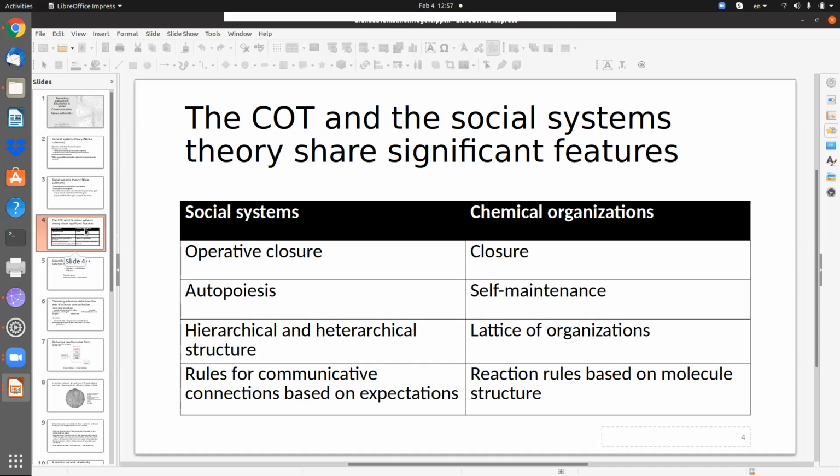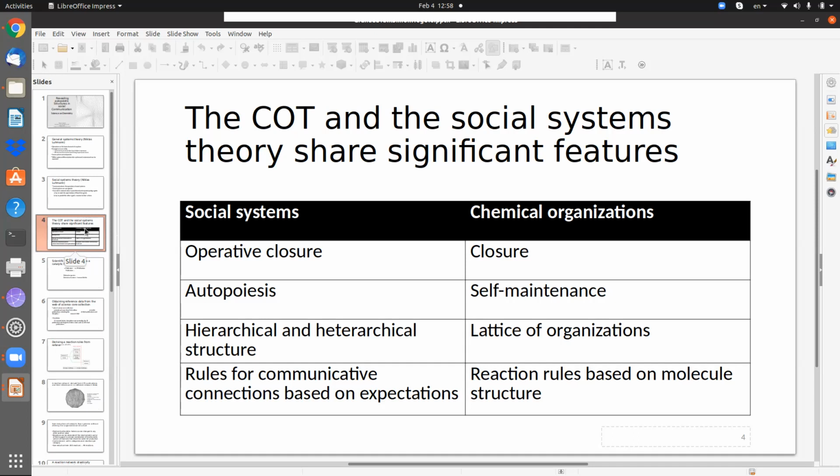So one could speak of self-maintenance more in terms of fighting the decay, which of course is self-induced. But yeah, in both theories, we have some sort of hierarchical structure. In chemical organizations, we have the lattice, but basically it's exactly the same.